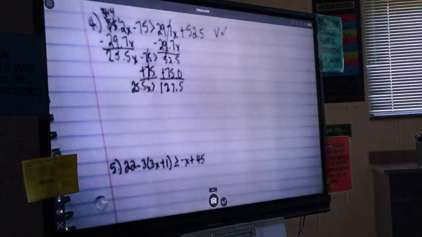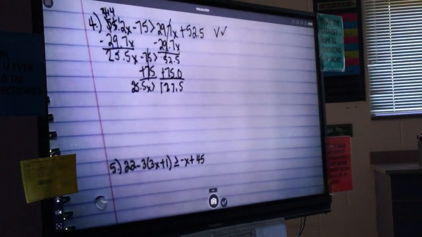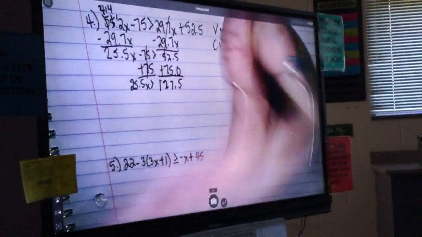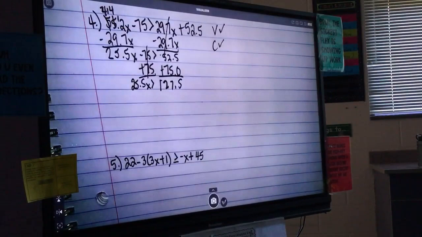All right, so at this point, have I done everything right? Now, what do I do from here? So I got my constants on one side, I got my variables on one side. What's my last step to solve this problem? Why does only 1.5 people know? I skipped number 4. I skipped 5.